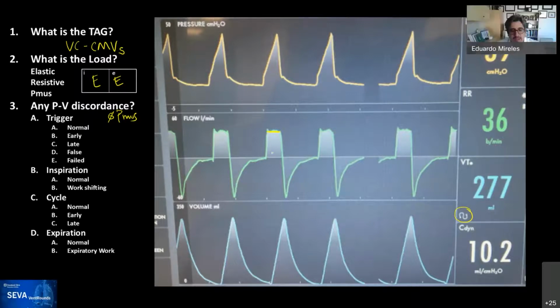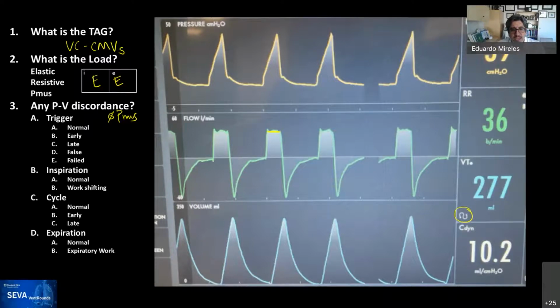So if you think about this, this is the flow that is being delivered, and this is the change in volume. You can see the change in volume occurs relatively rapidly. The I time is set probably at 0.5 seconds. But as the volume is going in, the change in pressure is manifested in the slope of the pressure waveform.